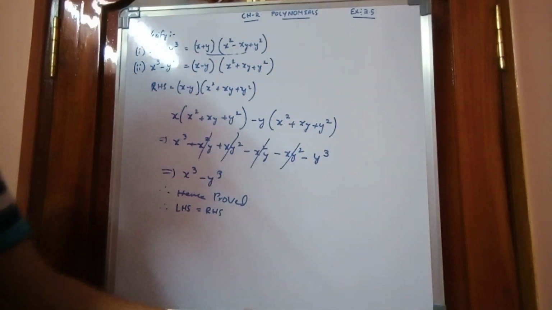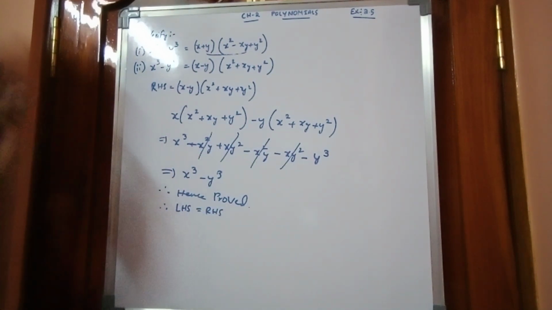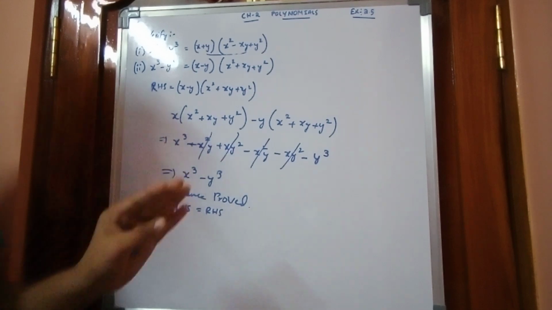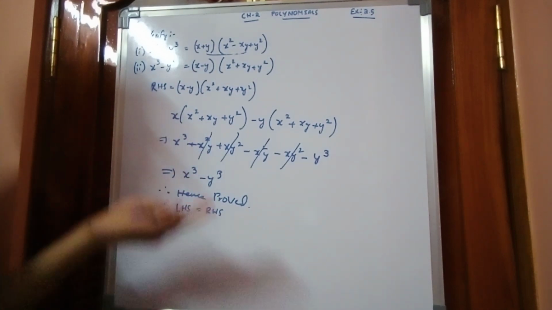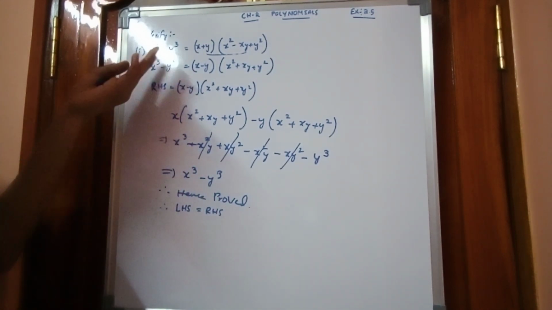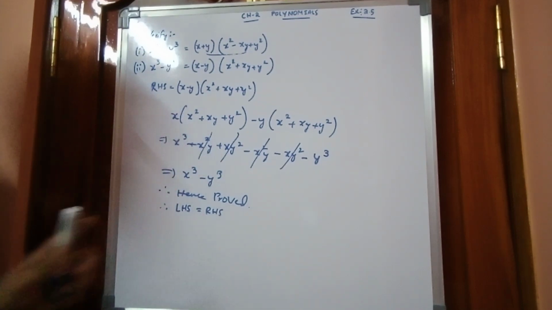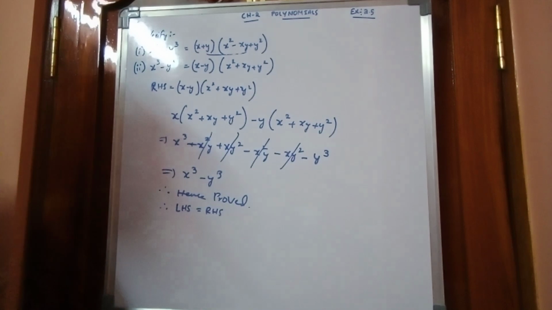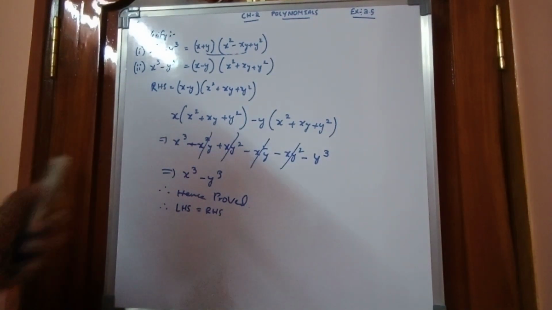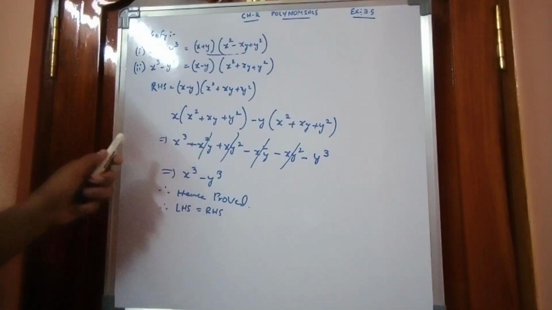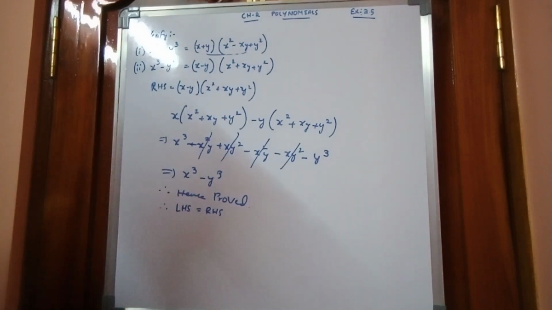Keep in mind that the last sentence is very important, whether in word problems, quadratic equations or verification. It carries half a mark in your exams. This is a 2 marks question, that is verification.